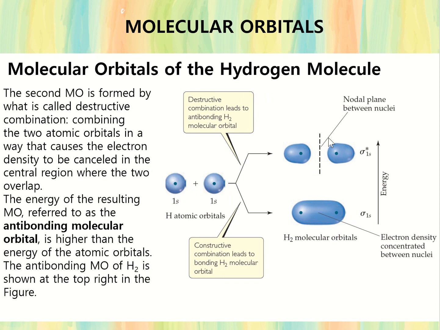And so the antibonding molecular orbital of hydrogen is shown at the top right. So that's up here, right? So higher in energy. So this is our atomic orbital, and our antibonding molecular orbital is actually higher in energy.